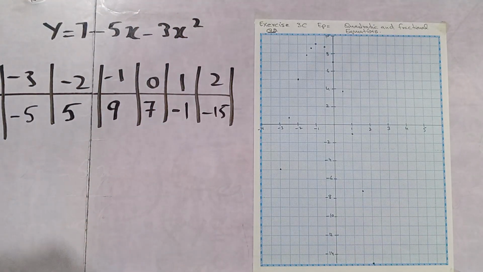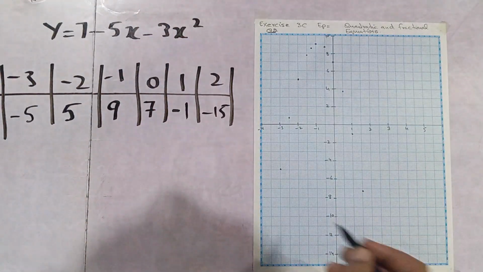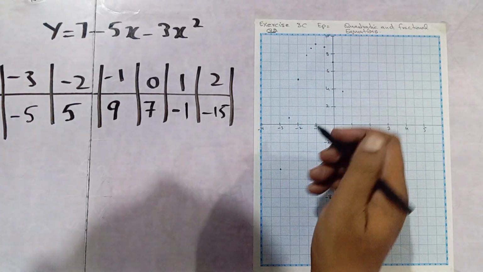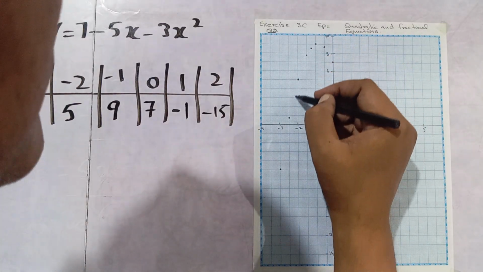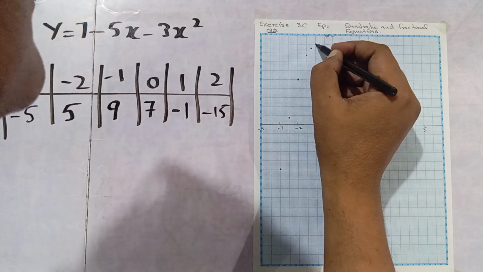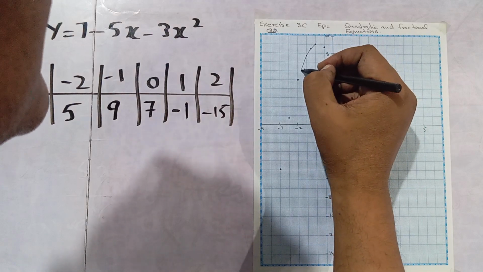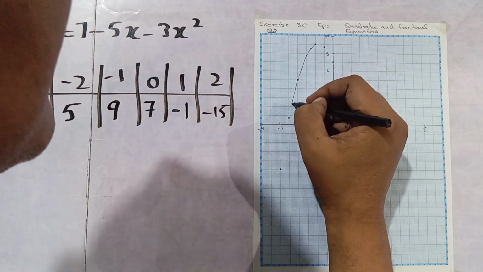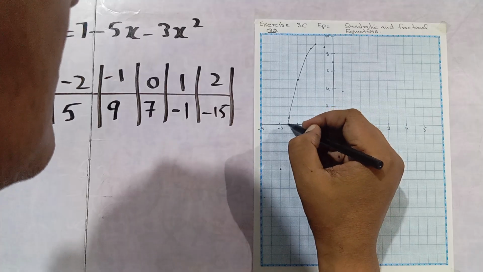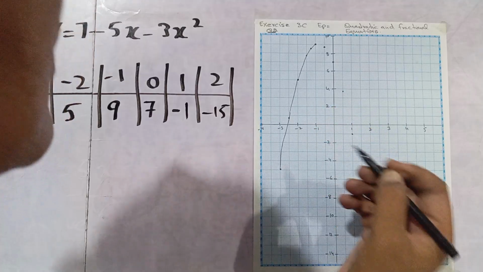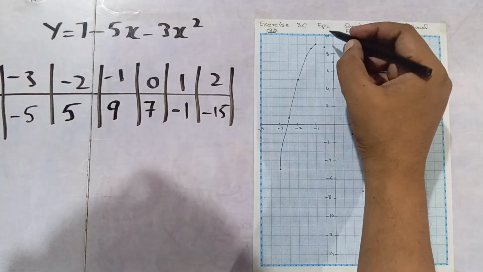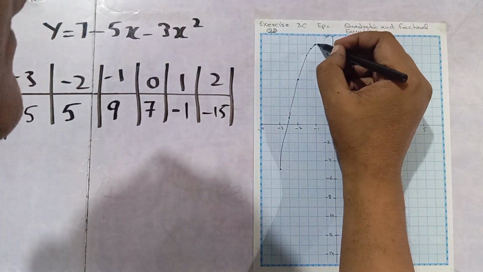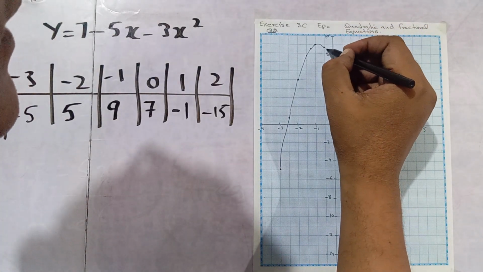Okay, I think these are enough points because we just have to draw this. Nothing will be asked from here. So let's try. Okay, so it's going to be something like this. And for this, we have to be very careful.